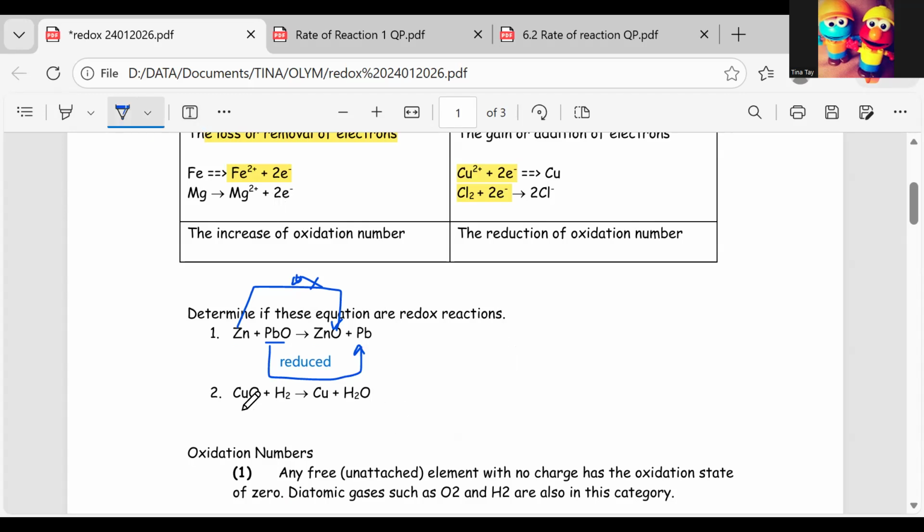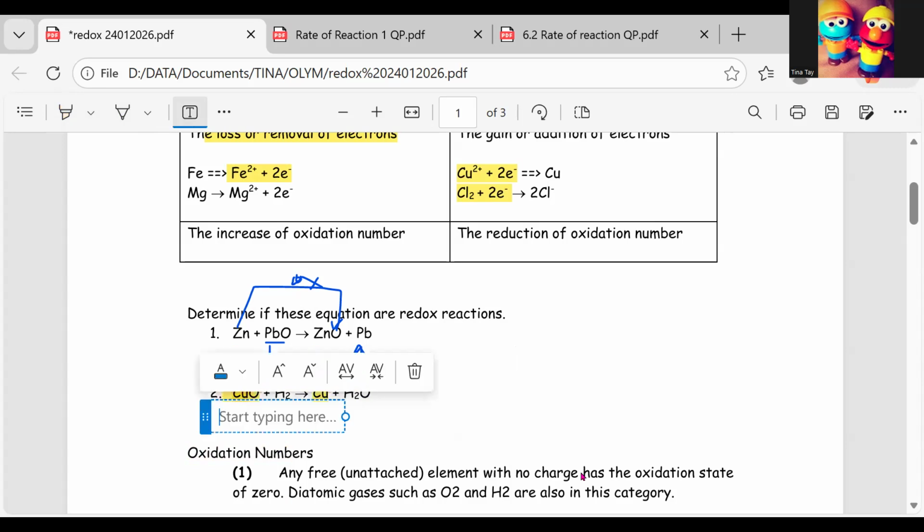And then this one is also redox. CuO becomes Cu. This is reduction here. So CuO is reduced.